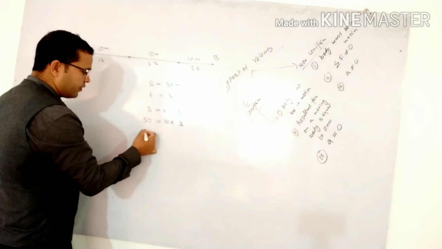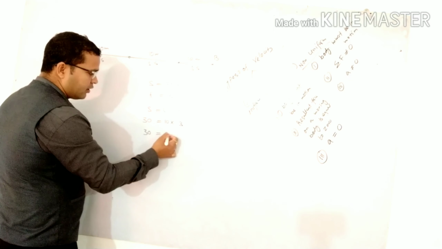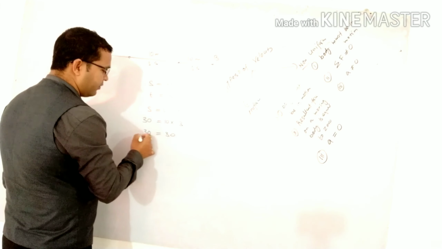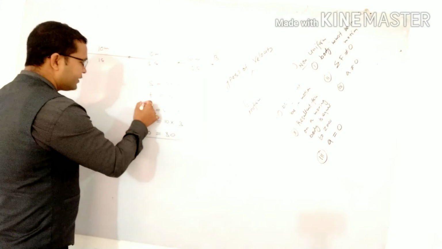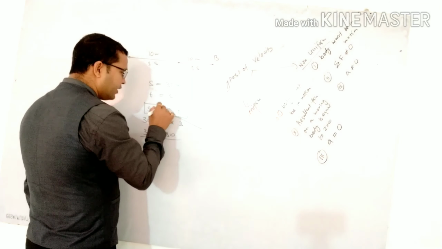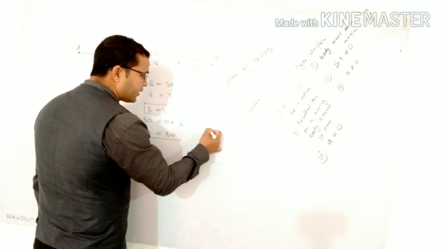So see, the left hand side value is equal to the right hand side value. It means S is equal to Vt. This formula is valid for what? Uniform velocity. But remember, it is only valid for uniform velocity. It will be valid when V is constant. V must be constant.